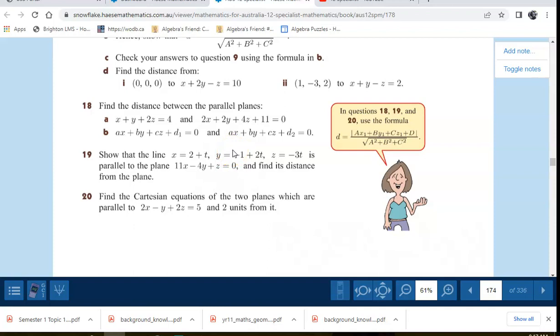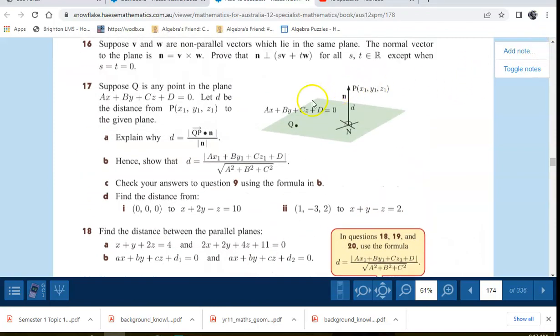Are you getting that, or are you just not happening with it this morning? So go back to your diagram. Here's our plane, and then we've got a line going across like that. We want to say that that line is parallel to this plane. Wouldn't that line have to be perpendicular with that normal vector? And then how do you show that two things are perpendicular? The dot product, as Ethan said.